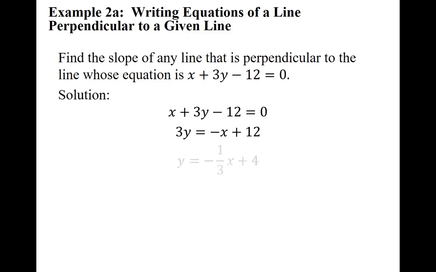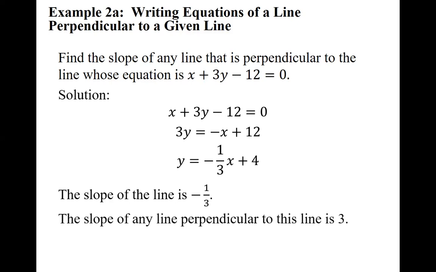Divide both sides by 3. That divides everything by 3. Y equals -1/3 x plus 4. So the slope of the line that we were given is -1/3. The slope of a perpendicular line would have to be an opposite reciprocal. So change negative to positive and flip 1/3, +3/1 or +3.